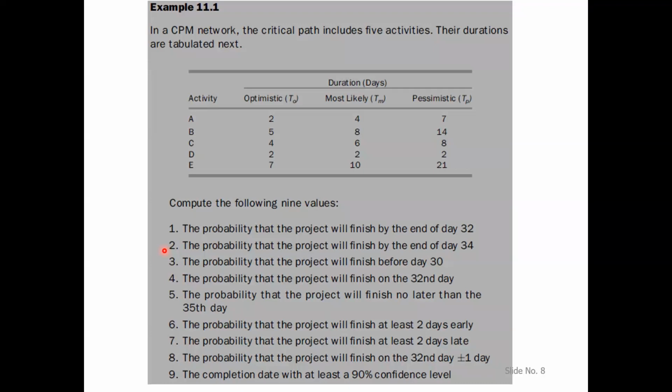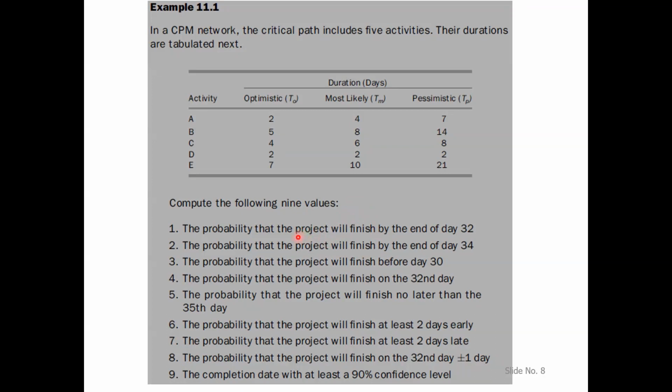Whether the probability will be more to finish the project in day 34 or the probability will be more to finish in day 32. The probability will be more in 34. Yeah, so it will be more probable that the project will finish in day 34. Okay, so by just our qualitative assessment, we can answer that.